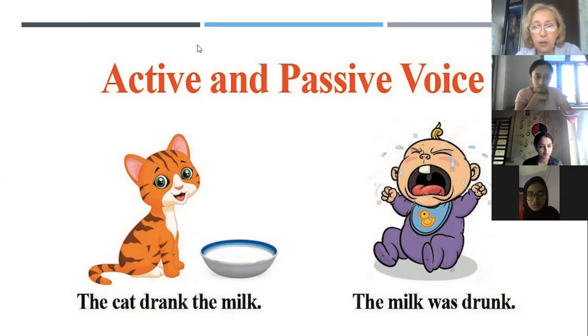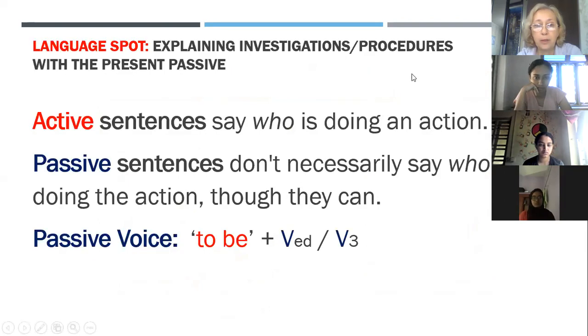And the second picture, the baby is crying because the milk was drunk. The baby doesn't care who drank the milk, but the baby sees that the milk was drunk. Was drunk is the example of the verb in the passive voice. And the milk is made the subject of the sentence.